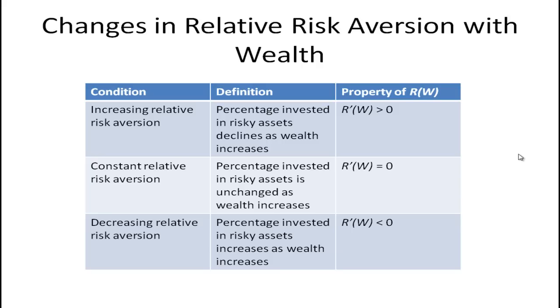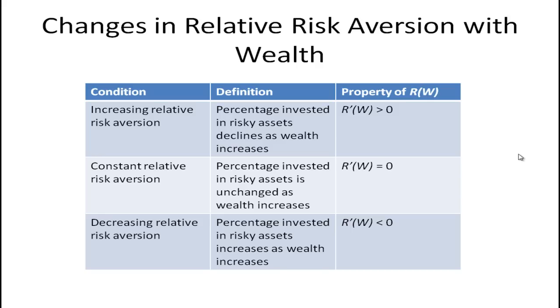If it's equal to 0, we call that constant relative risk aversion, and that's the case where the percentage invested in risky assets is unchanged as wealth increases. And if it's less than 0, we call that decreasing relative risk aversion. And this is the case where the percentage invested in risky assets increases as wealth increases.